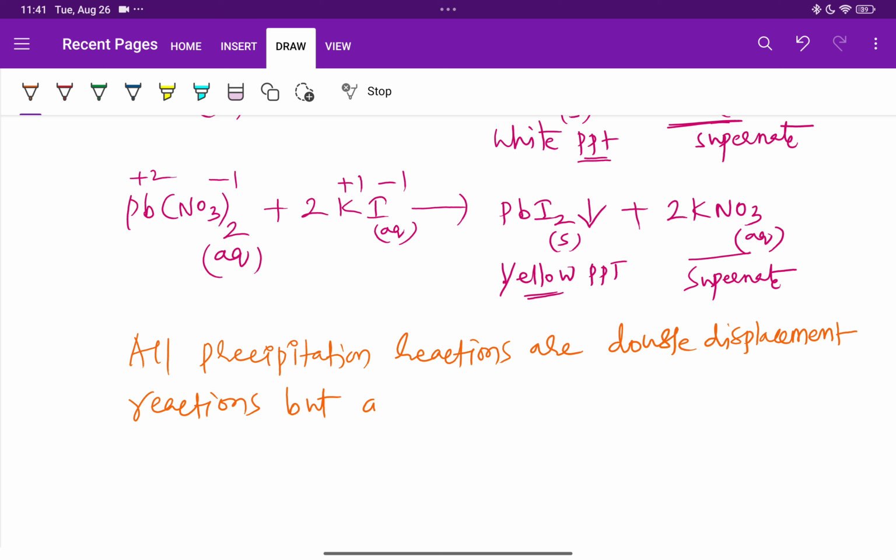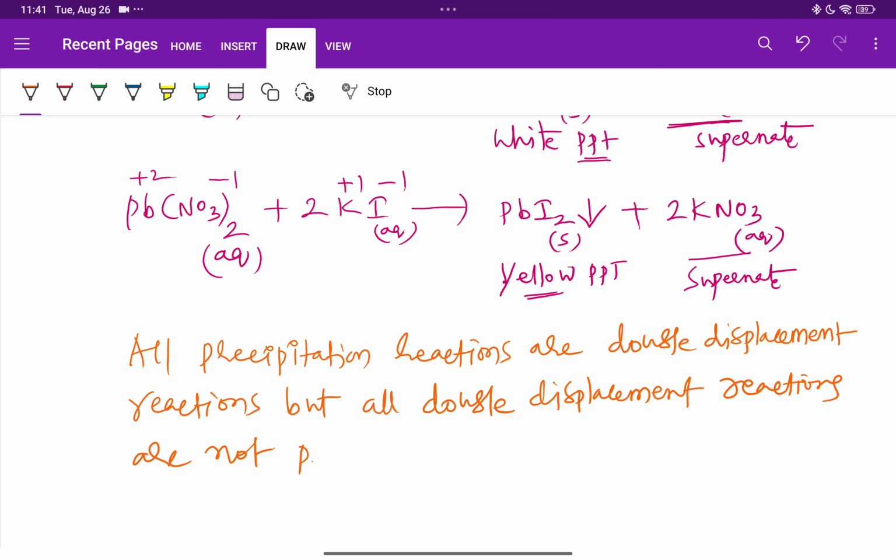But all double displacement reactions are not precipitation reactions.